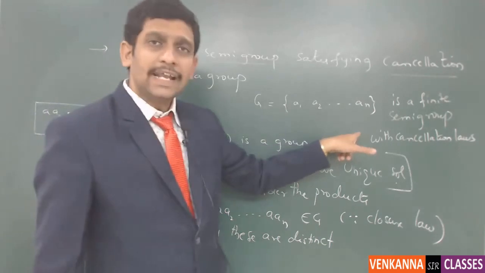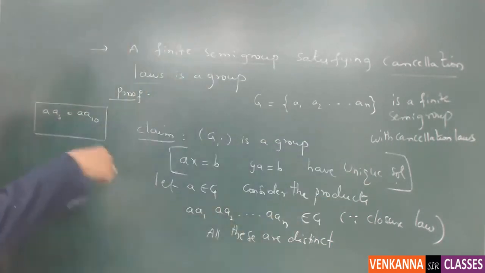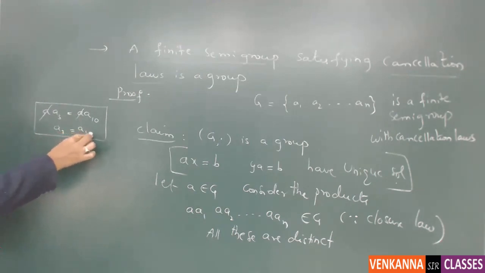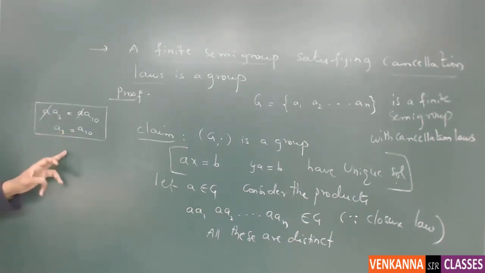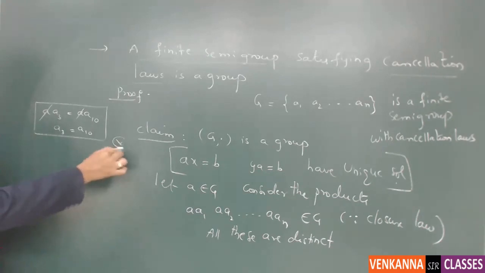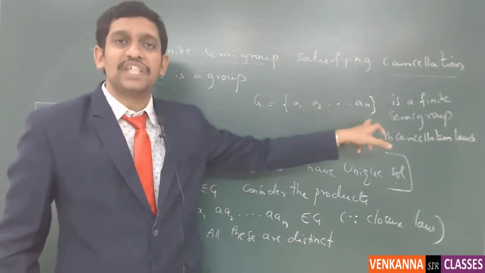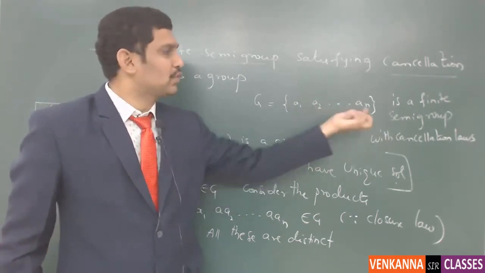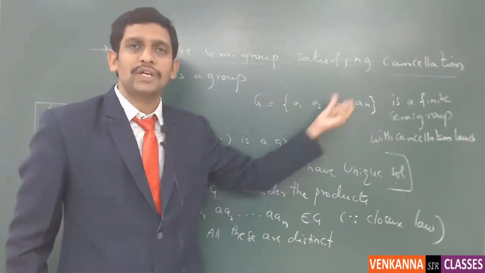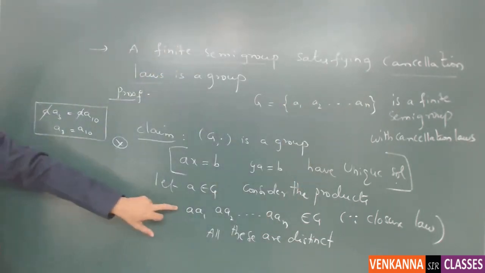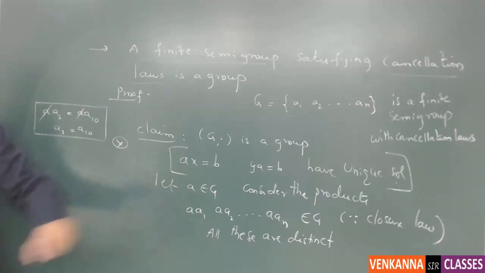Since it has the cancellation law, you can cancel the value A, and you will get A3 is equal to A10. Is it correct? Wrong. Because I have taken these values A1, A2, so on, AN as different values in a finite set. So these values are totally distinct.